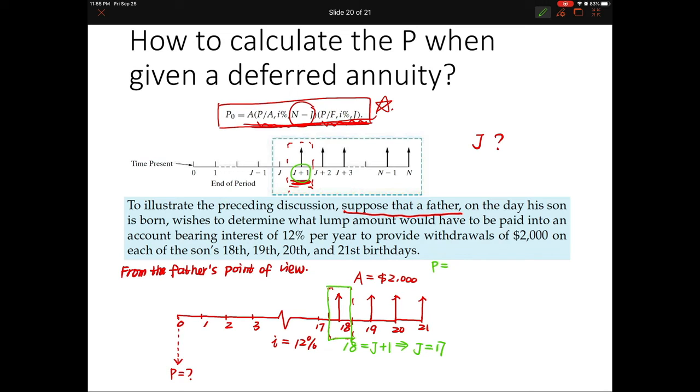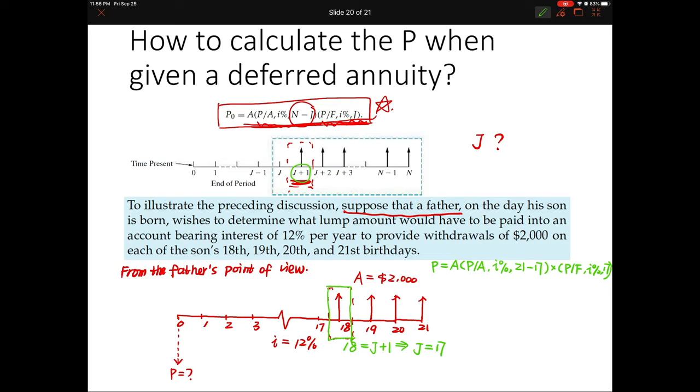So P is A times P slash A, I%, N minus J. N is what? N is 21. J is what? J is 17. Times another factor, which is P slash F, I% and J, which is 17.